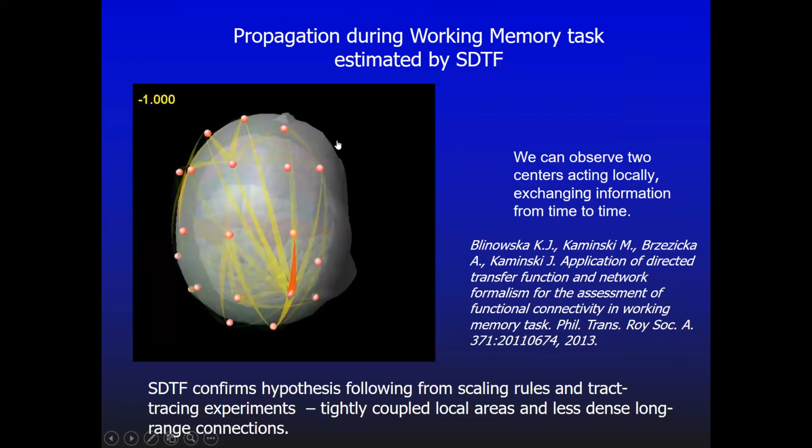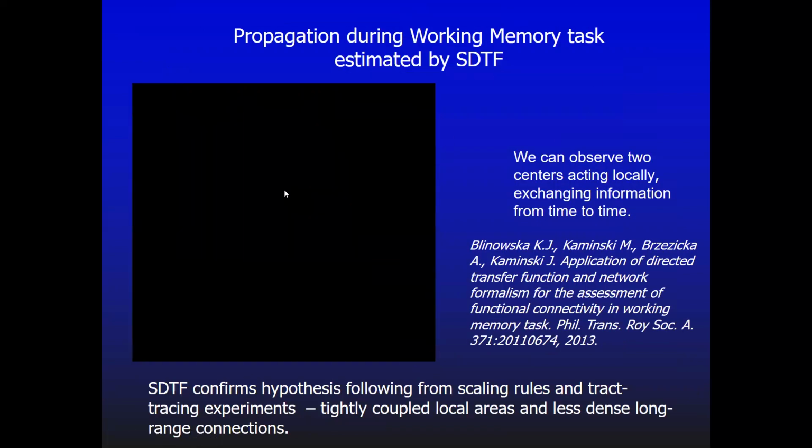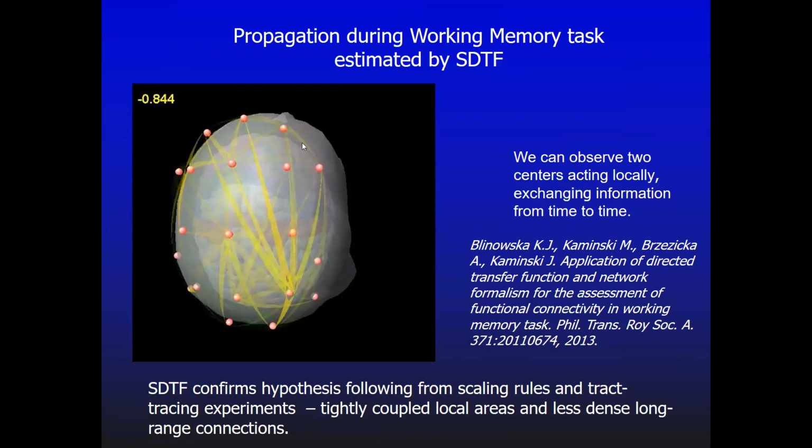And now we look at the propagation. We'll see also that the activity is spreading mostly from this frontal region and posterior region. But we see some more. We see that these two structures are from time to time, only from time to time, communicating by long-range connections.